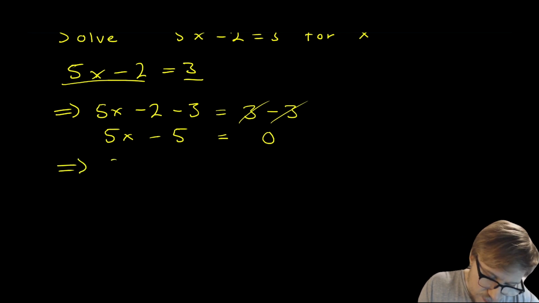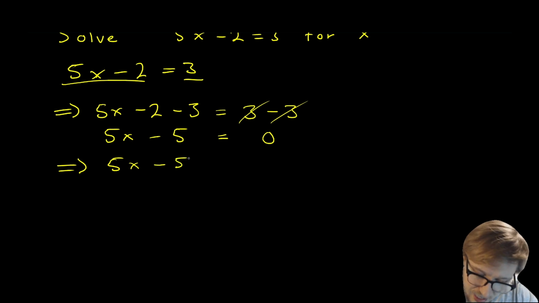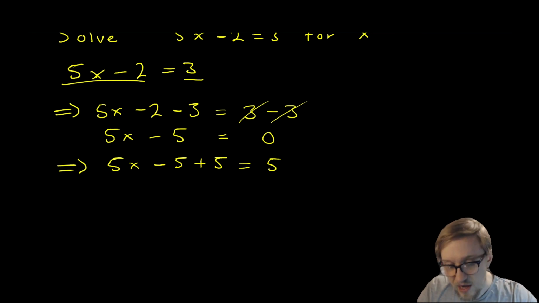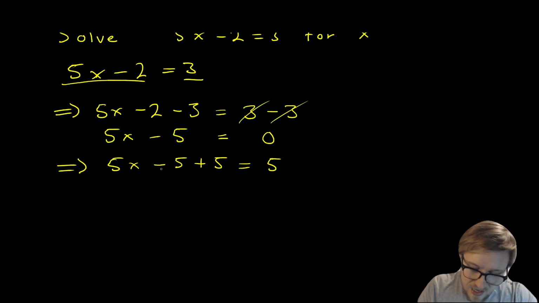So we still have 5x here, and then we have the minus 5, and then we add 5 to both sides of the equation. So 0 plus 5 is going to give us 5, and then the minus 5 and the plus 5 are going to cancel out.